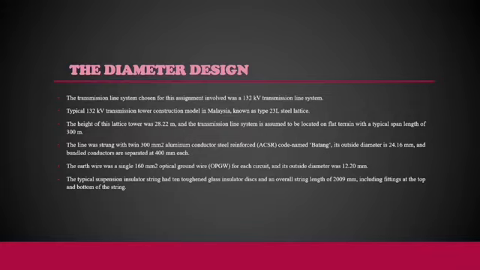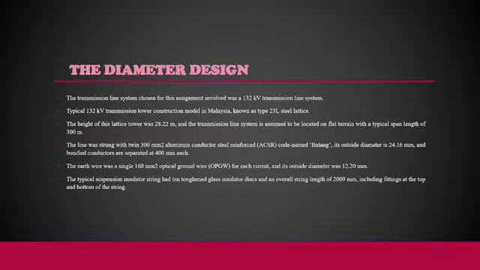The line was strung with twin 300 millimeter square aluminium conductor steel reinforced, ACSR, with the codename Batang. Its outside diameter is 24.16 millimeters, and the bundle conductors are separated at 400 millimeters each.